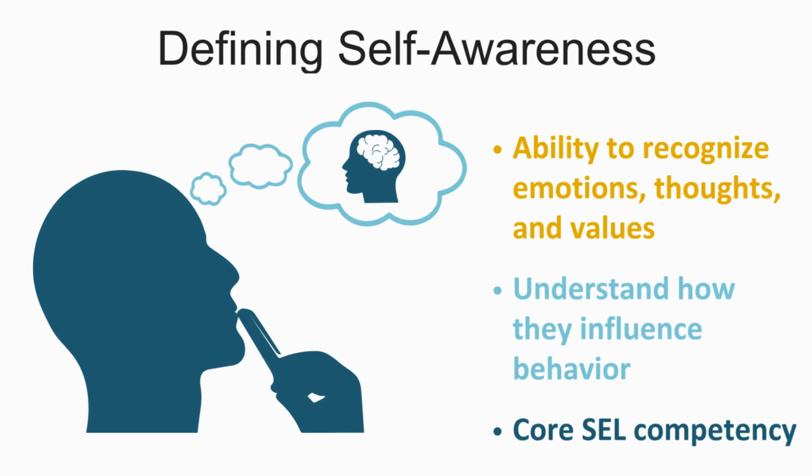It's the ability to recognize your own emotions, thoughts, and values, and understand how they influence one's behavior. This is your textbook definition, but we're going to be looking at self-awareness under the context of the classroom environment.